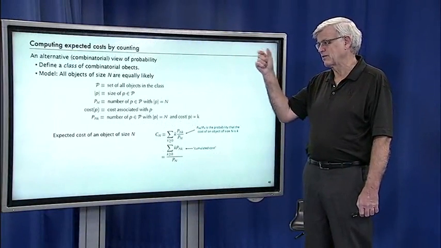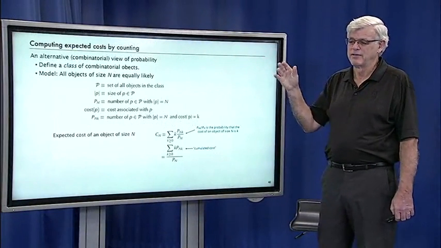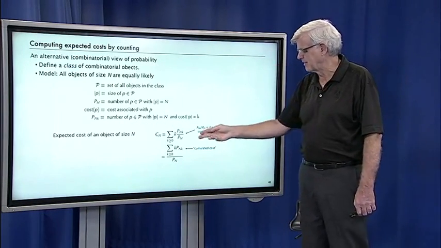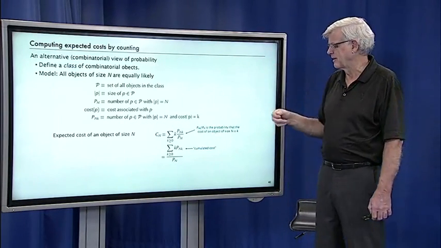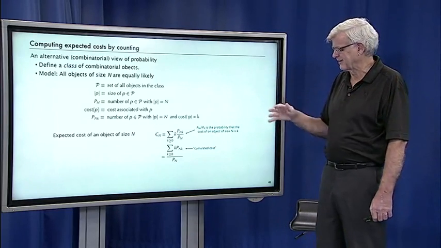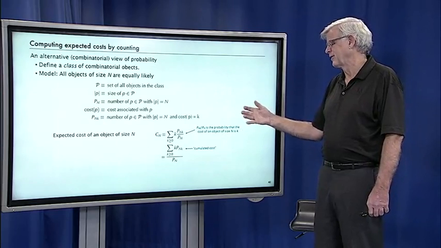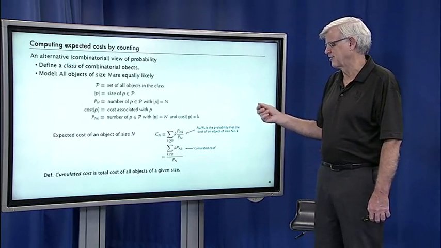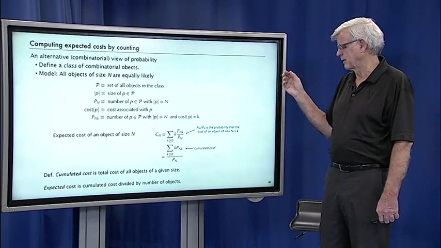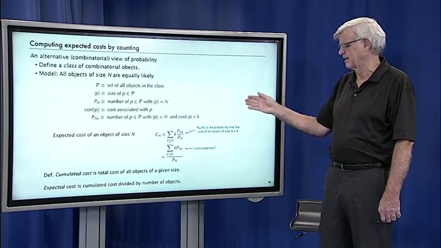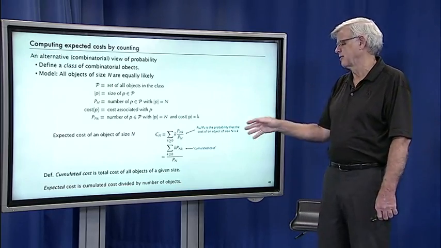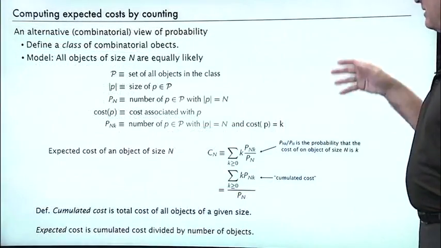Every object's got a cost associated with it, and then we take all the objects of size n, add up all their costs, and divide that by the number of objects of size n. That's the expected cost. It's a trivial calculation, but still it's an important distinction. So the idea is if we can compute the cumulated cost, then we can get the expected cost just by dividing cumulated cost by the number of objects.